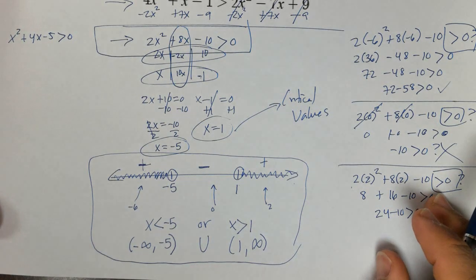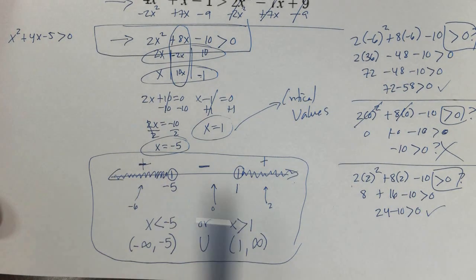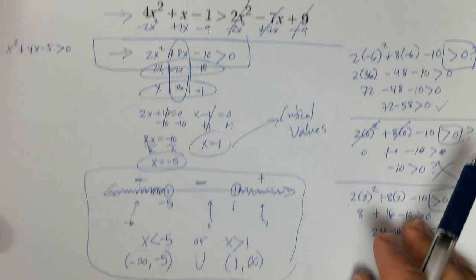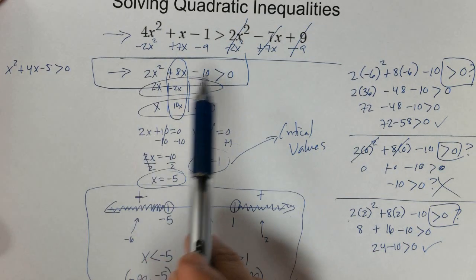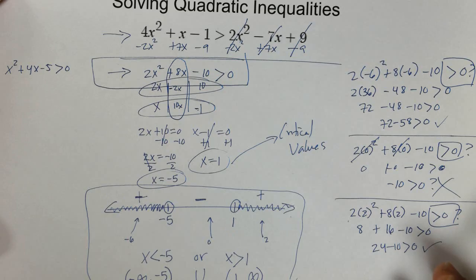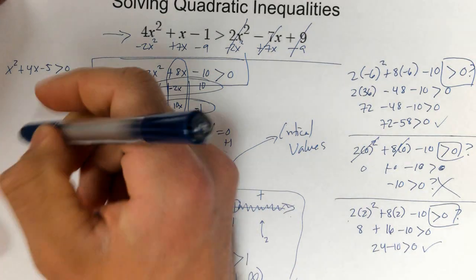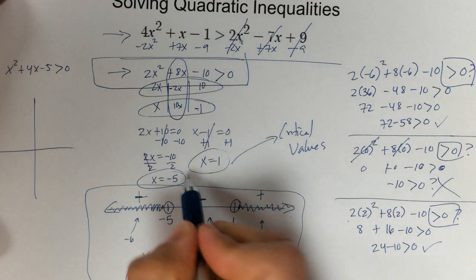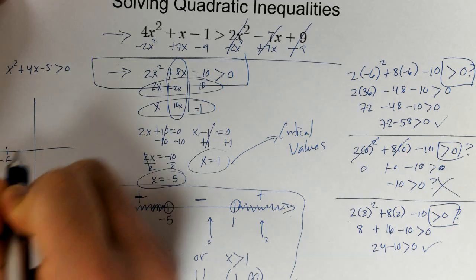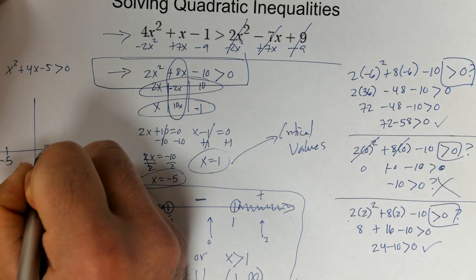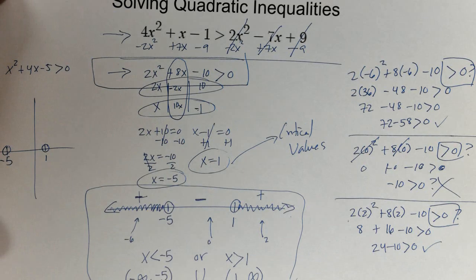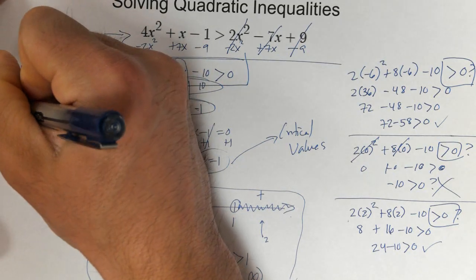This tells me that x can be anything less than -5 or greater than 1, and that would result in this equation being greater than 0. What does that look like graphically? Well, if I graph the x-intercepts at -5 and at +1, I have these open circles. The parabola will be pointing this way.